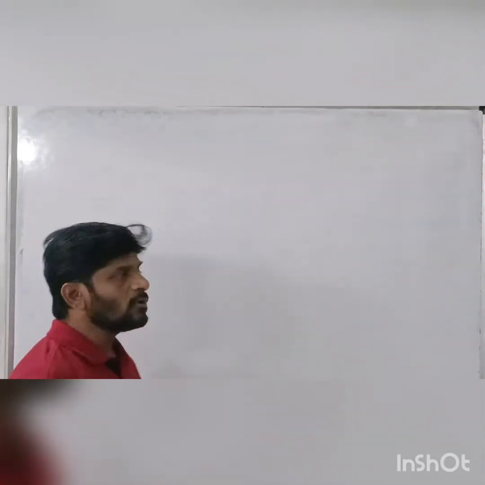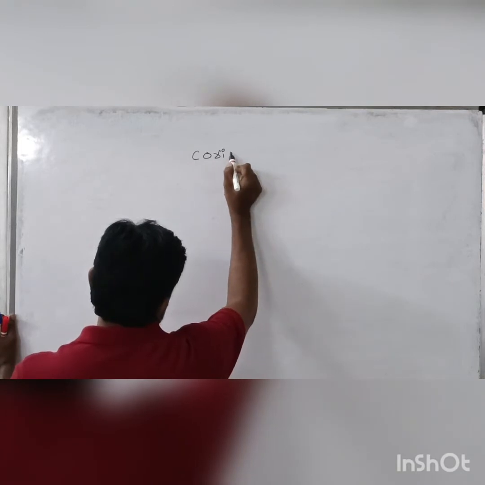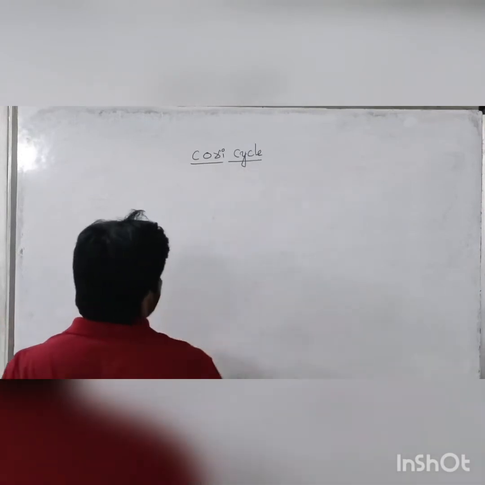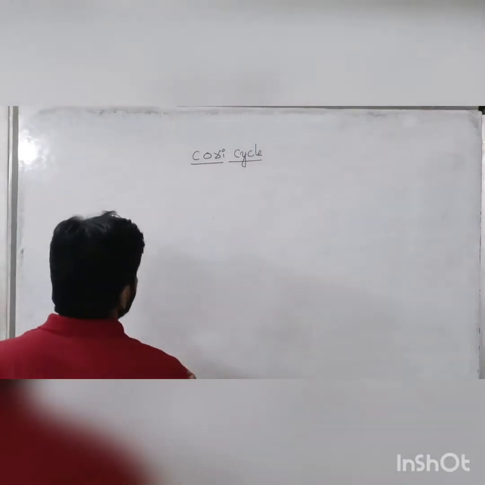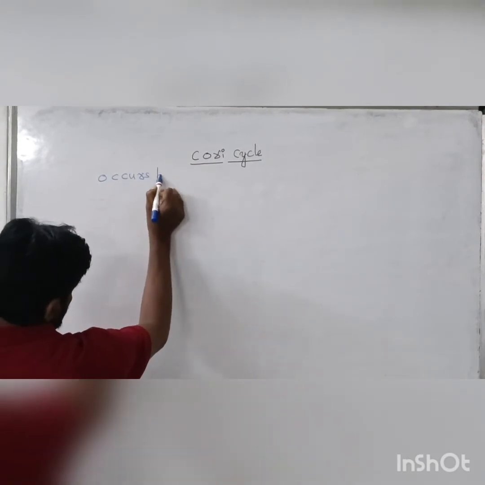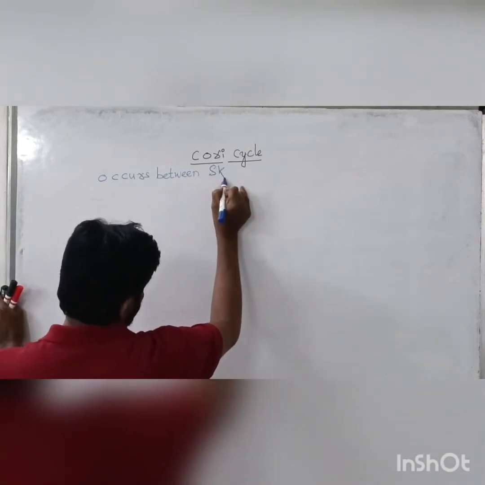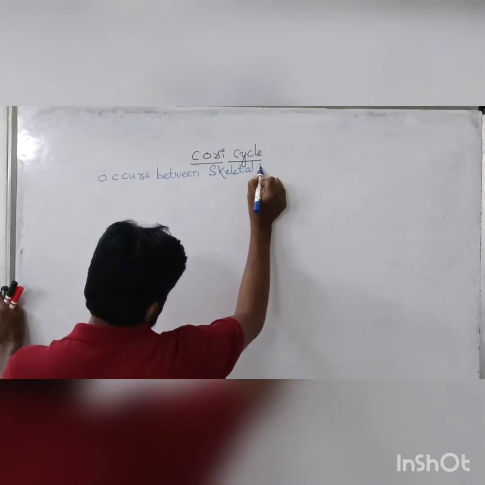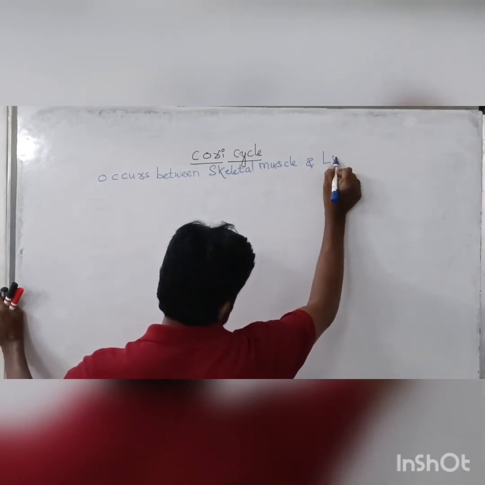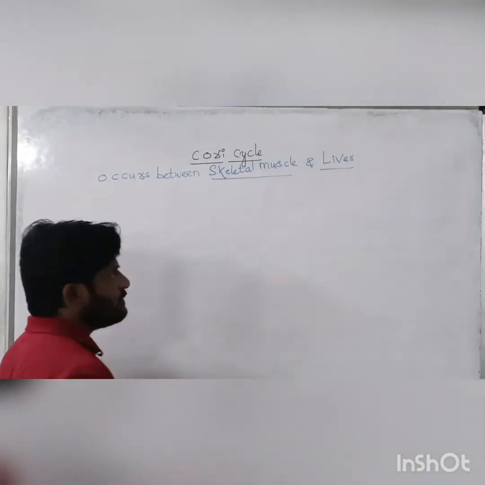And now I am going to discuss the Cori cycle. The Cori cycle occurs between the skeletal muscle and the liver.